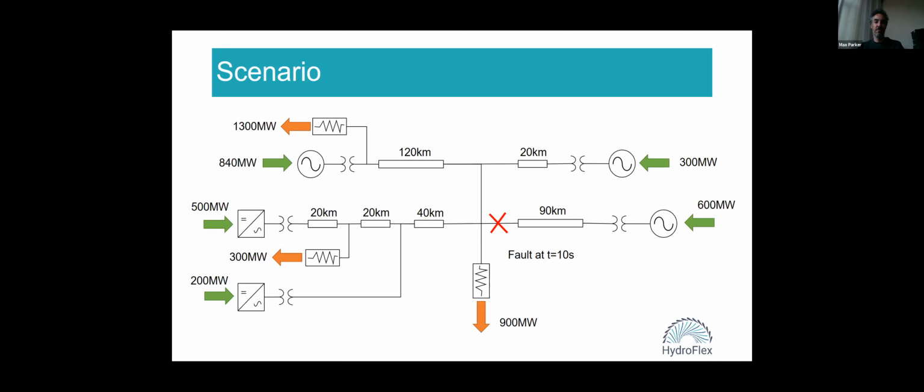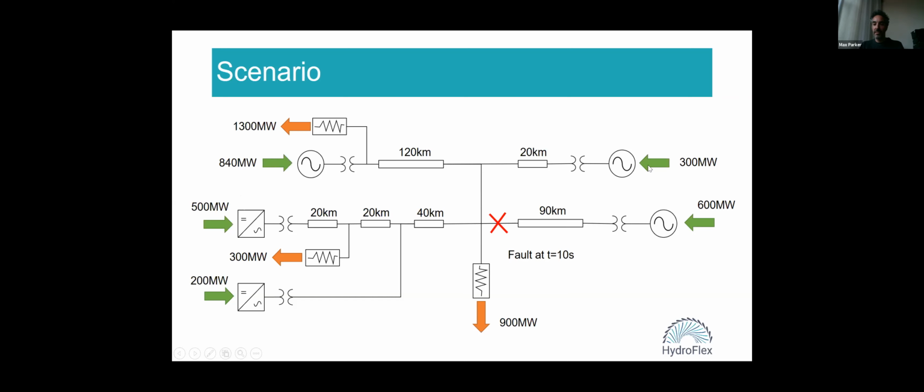So the scenario we've got, I guess, is most of these wind converters at a fairly high output, the variable frequency hydro plant sitting at about 65%.